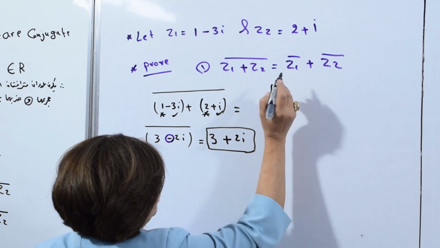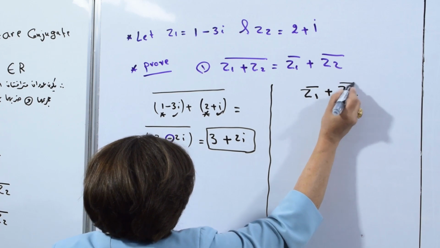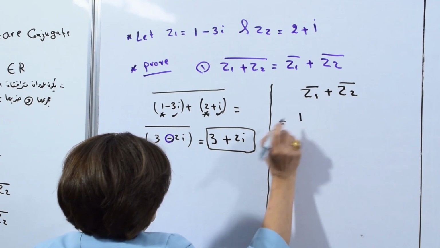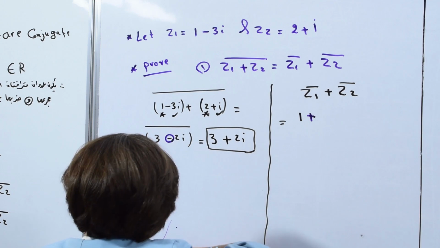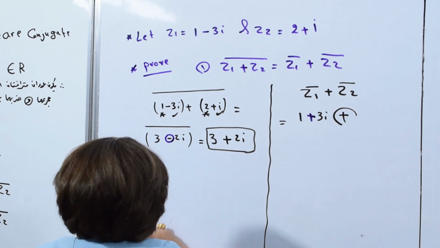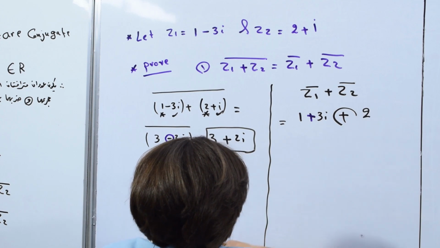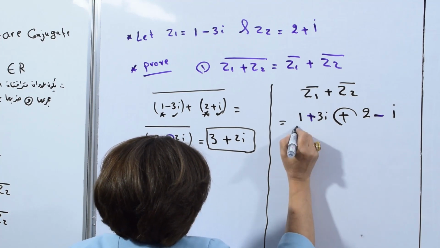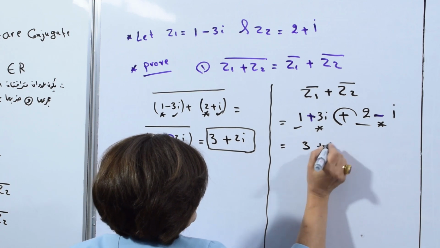I take Z1 conjugate plus Z2 conjugate. دايركت مباشرة آخذ المرافق للعدد الأول 1, شو نخلي هذه الإشارة؟ زائد، انتبه، 3i, plus the conjugate of number 2, العدد الثاني, 2 minus i. Addition: real with real, imaginary with imaginary, gives 3 plus 2i.